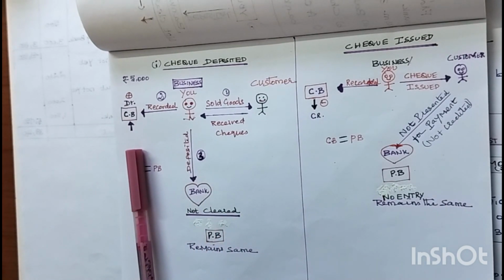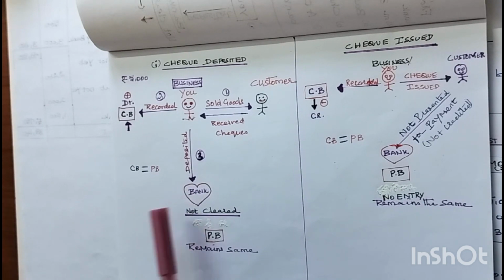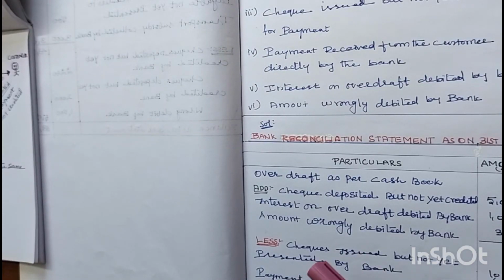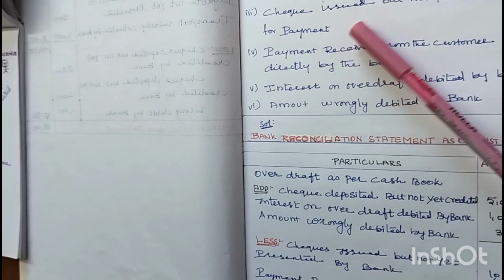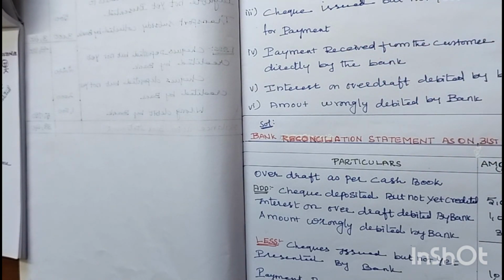So you have to add this transaction. Okay, so this transaction will be added. So in the add column, check deposited but yet not credited, 5,000 rupees, is entered in the inner amount column. We entered it.